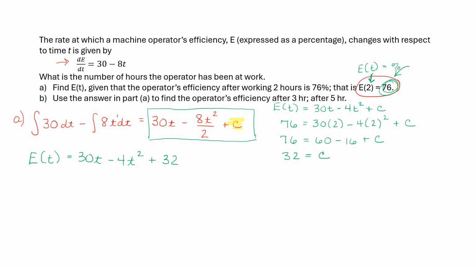So now we want to use the answer in part A to find the operator's efficiency after 3 hours and after 5 hours. So let's look at 3 hours first.